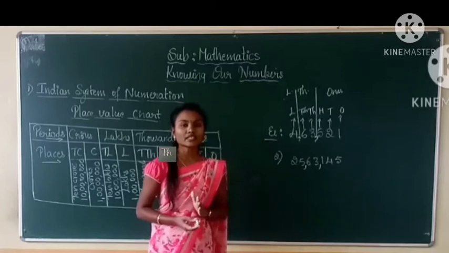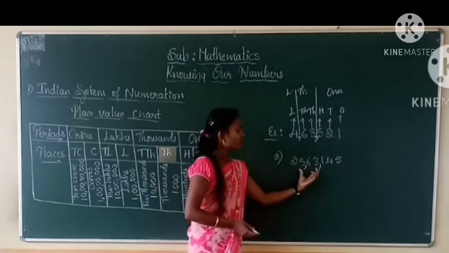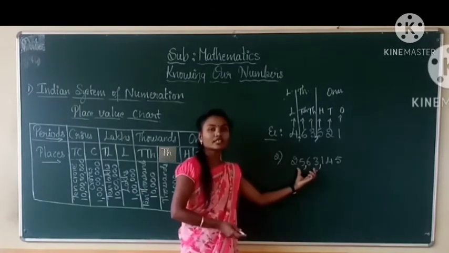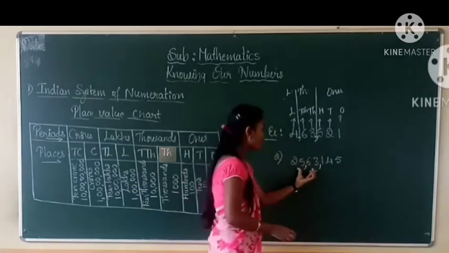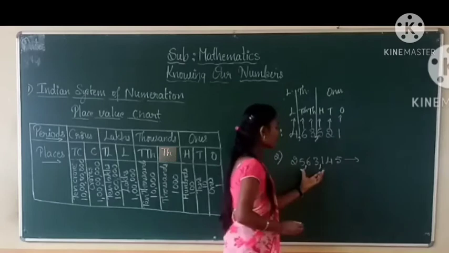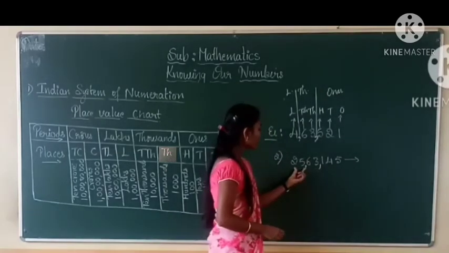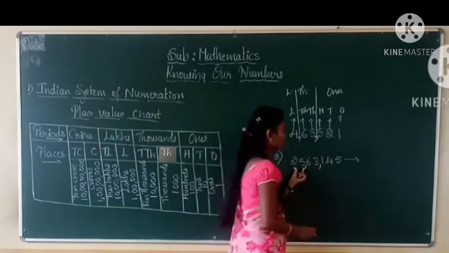While writing the numbers in names, we should not use commas. For example, now I will write this number in names. We know that it is 25 lakhs.